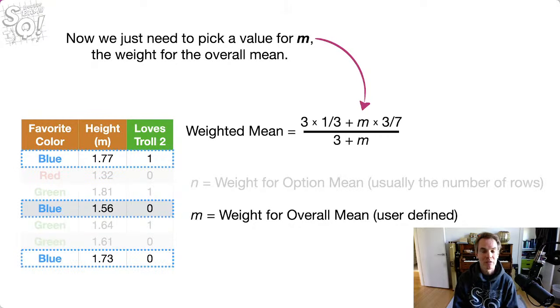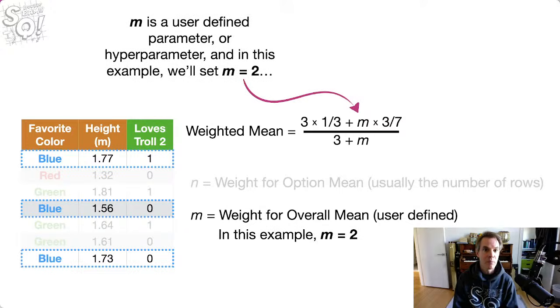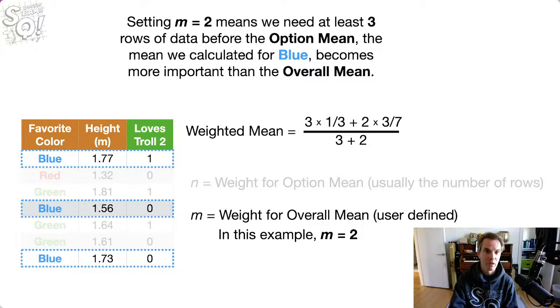Now we just need to pick a value for m, the weight for the overall mean. m is a user-defined parameter, or hyperparameter, and in this example, we'll set m equal to 2. Setting m equal to 2 means we need at least 3 rows of data before the option mean, the mean we calculated for blue, becomes more important than the overall mean.